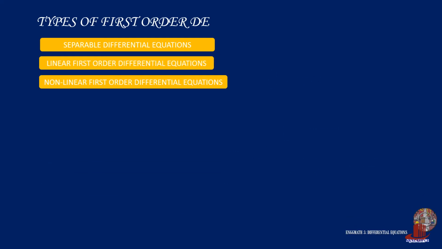In the case of nonlinear first-order differential equations, these are those functions with exponents more than 1. Analyze the standard form given as dy over dx equal to a function of x and y. In this case, x and y are either added or subtracted, and they are not separable.